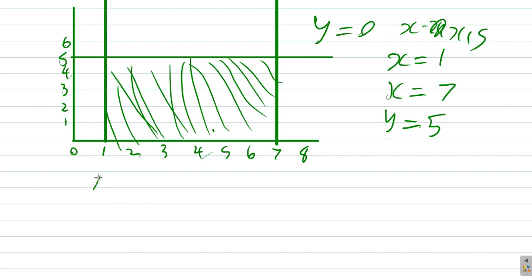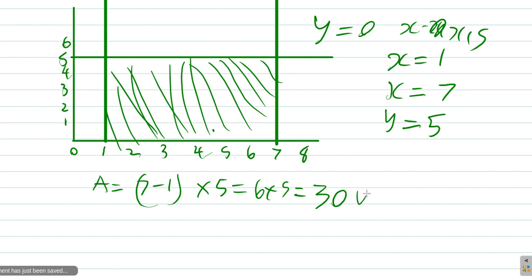If we do that, then the area is equal to, how wide is the rectangle? 7 minus 1, that's the width, multiplied by the height, 5 minus 0, which is just 5. So it's 6 times 5, which is 30 square units. So we have an area of 30 square units.